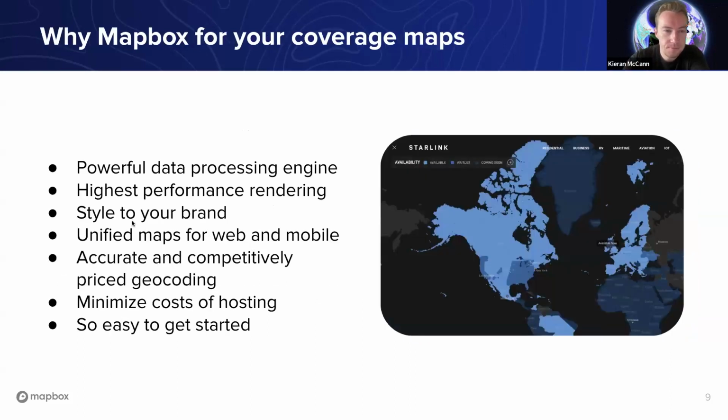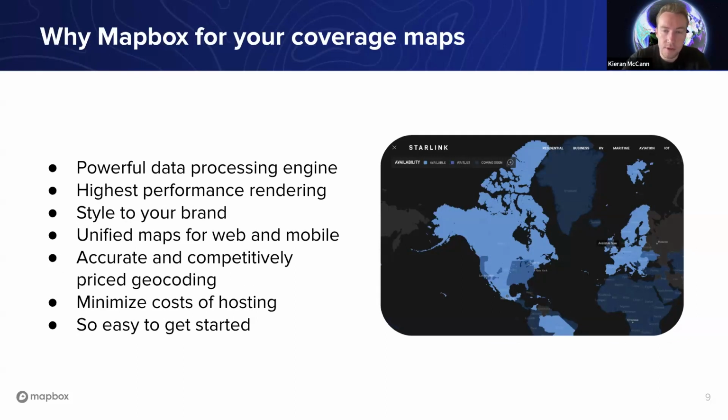Next slide. Yep. So we already touched on this a little bit as well, but the Mapbox differentiator in the coverage map space really comes down to some of those points we've talked about. Data processing is going to be faster than what you're likely using today. So there's not going to be a bottleneck of waiting hours and hours and hours for these map tiles to be processed and hosted on the map.